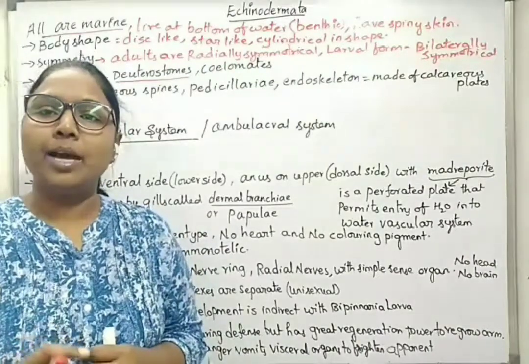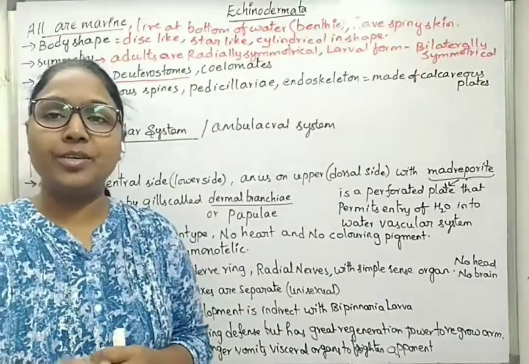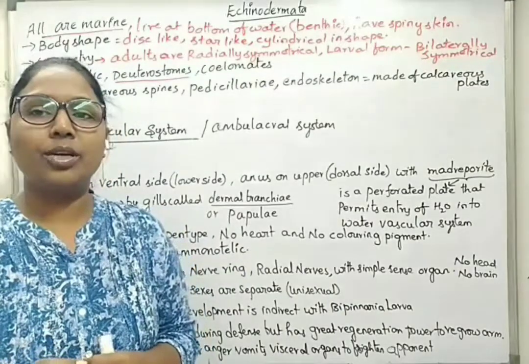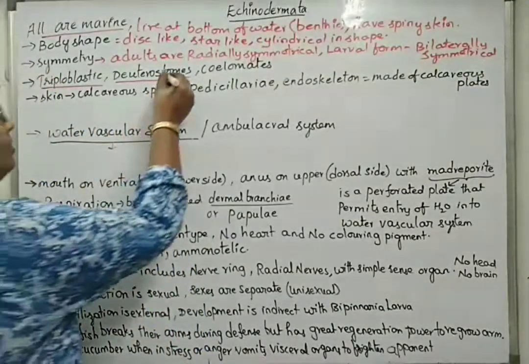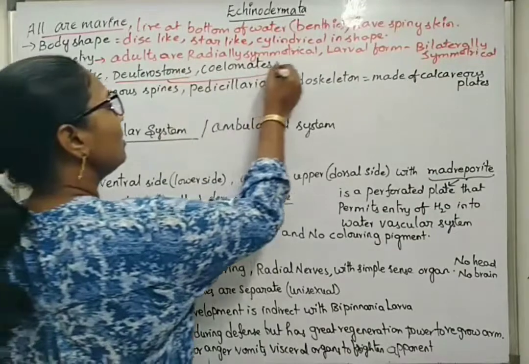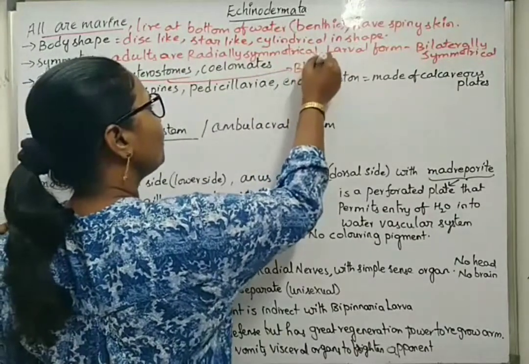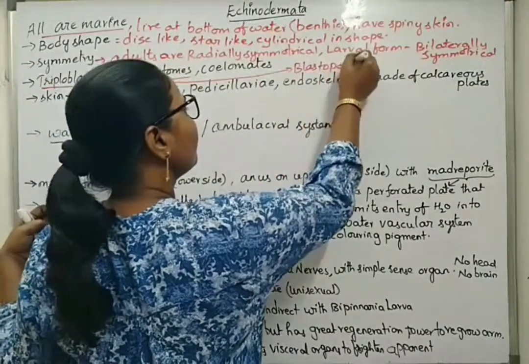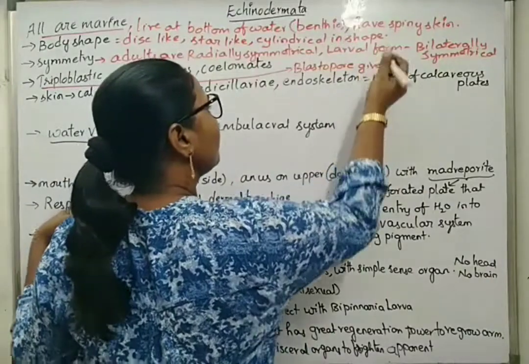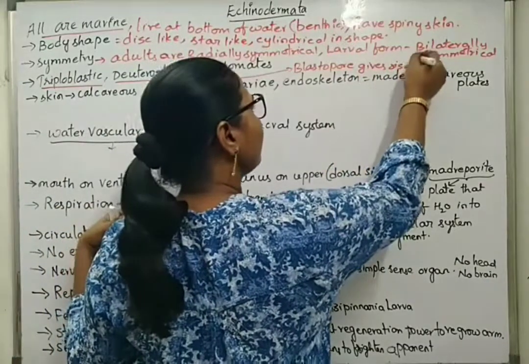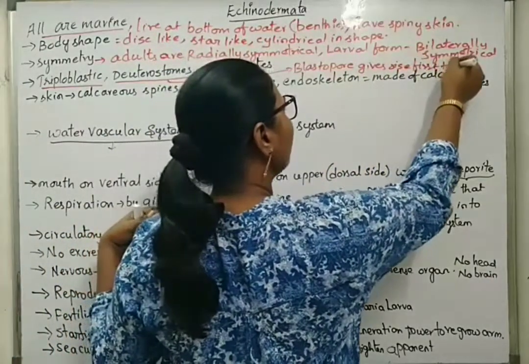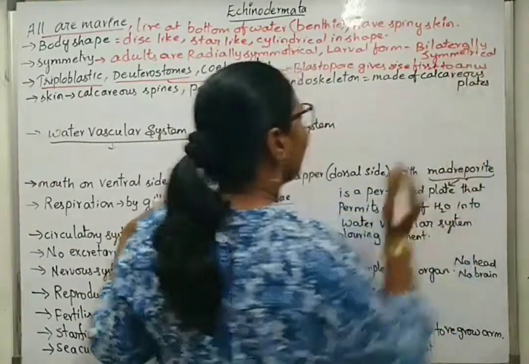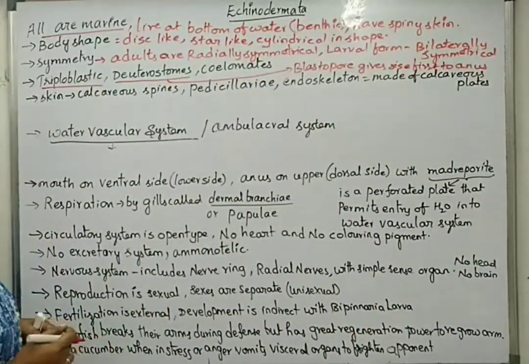But if the blastopore gives rise first to the mouth, they are called protostomes. So here the blastopore gives rise first to the anus, and such organisms are called deuterostomes.